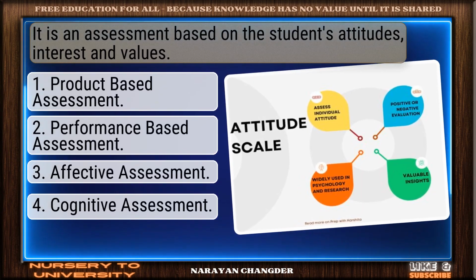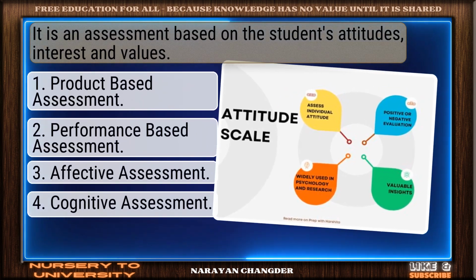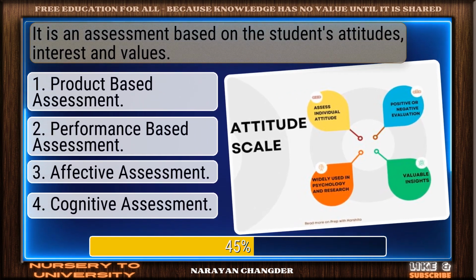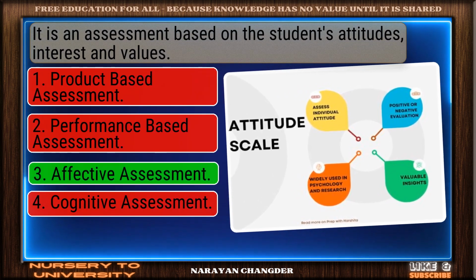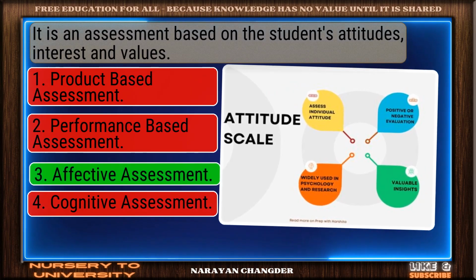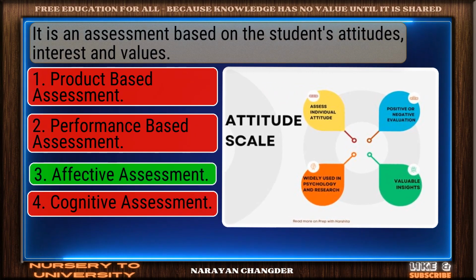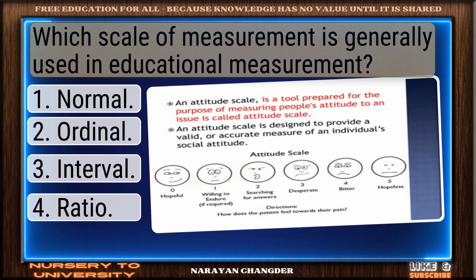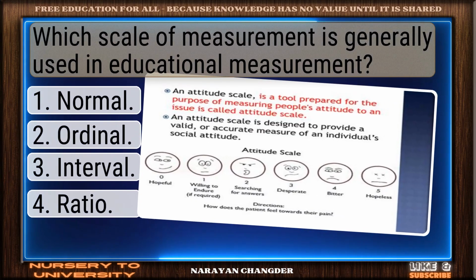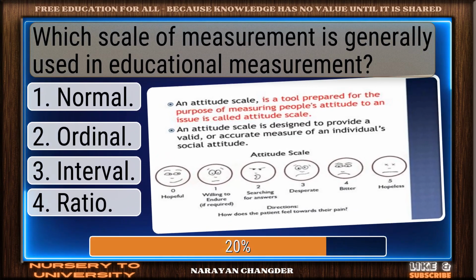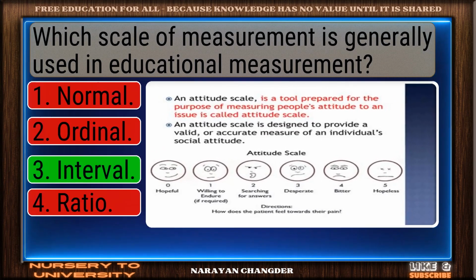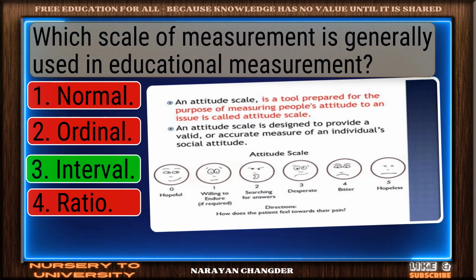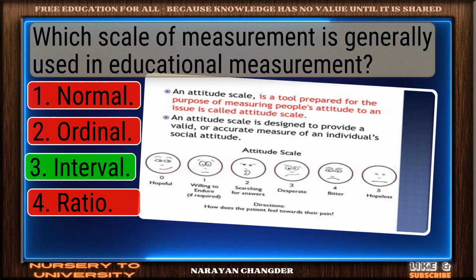It is an assessment based on the student's attitudes, interest, and values. Strong choice. Affective assessment is the right answer. Which scale of measurement is generally used in educational measurement? Clear logic. Your choice, interval, is sound and 100% true.